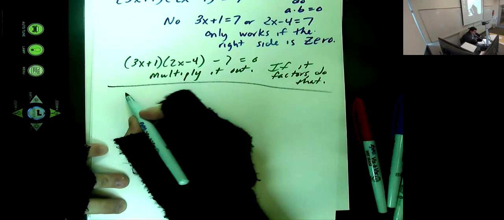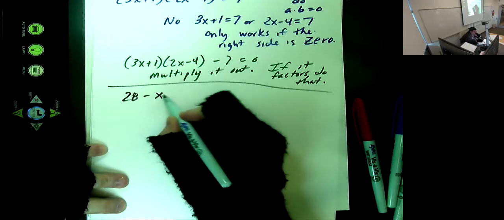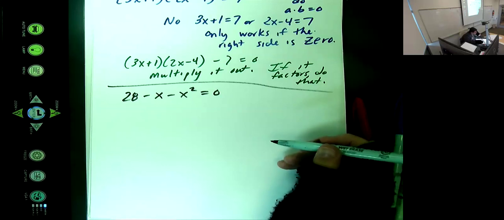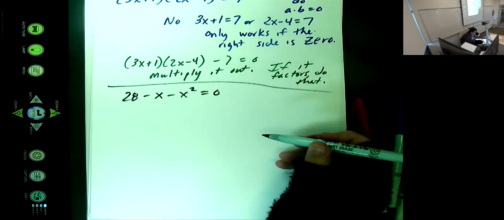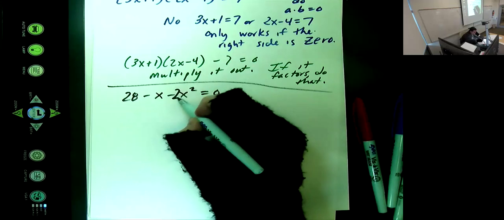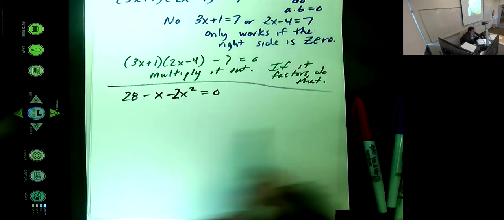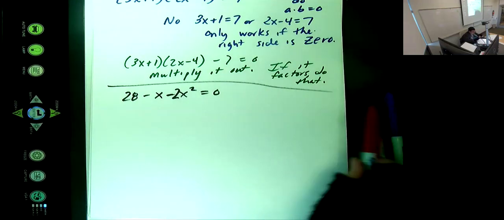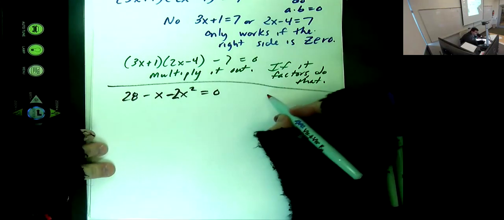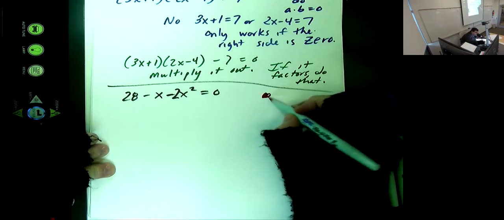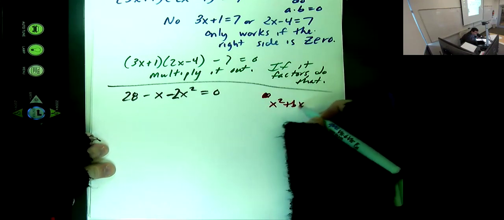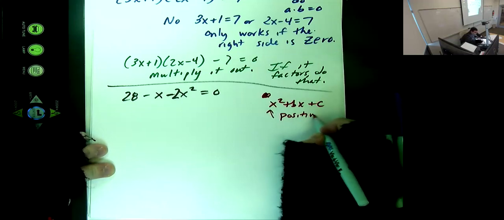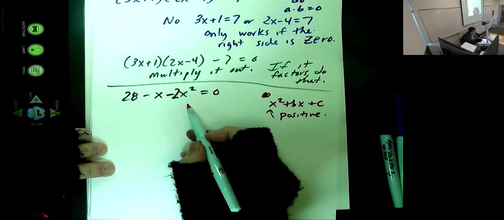Another one to be aware of is if the a is negative. Make that a 2, negative 2x squared. When we get it down to x squared plus bx plus c, you want x squared to be positive.